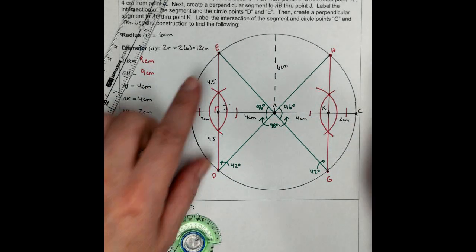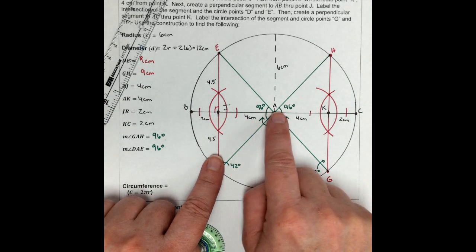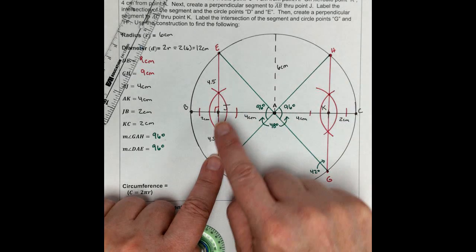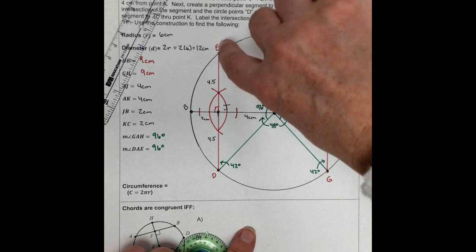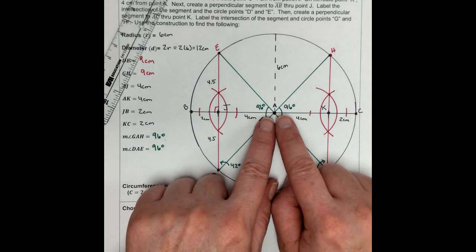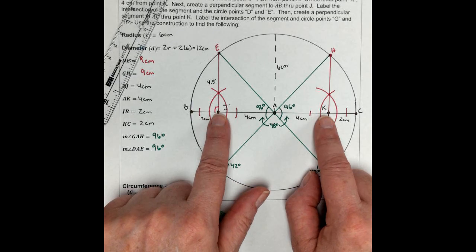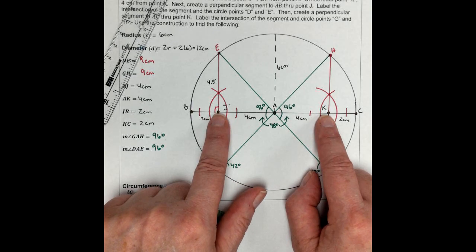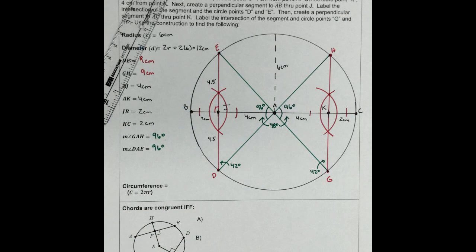So if you have a chord that is the same distance from the center on a radius, it doesn't matter where, because if I move this, it's not going to change the measurements of this triangle. It's going to stay the same. What's important is if it's the same distance from the center on a radius, then these two chords are going to be congruent.